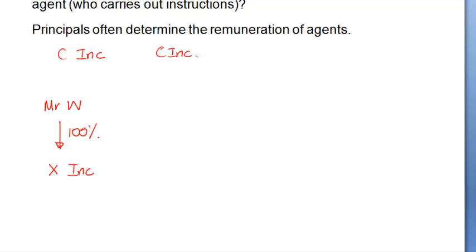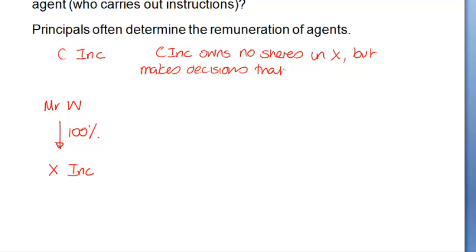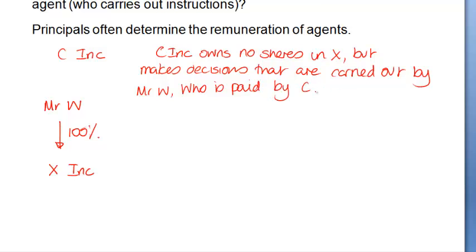And C incorporated owns no shares in X, but makes decisions that are carried out by Mr. W, who is paid by C for making decisions.